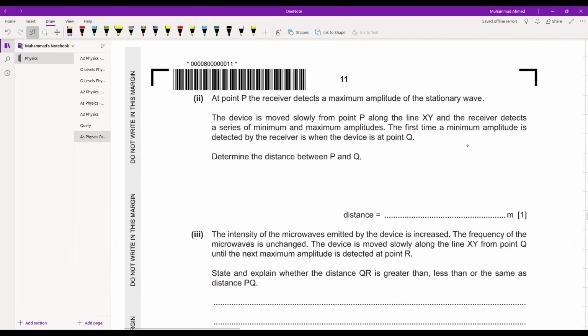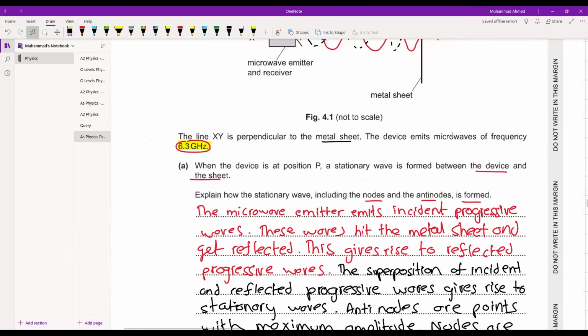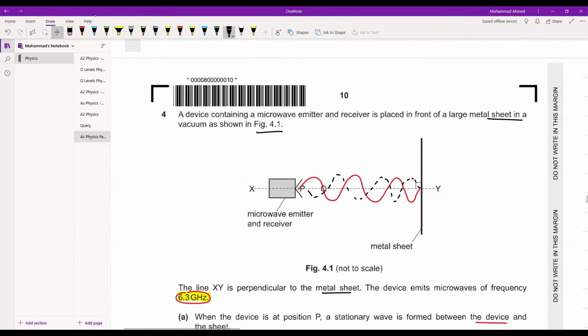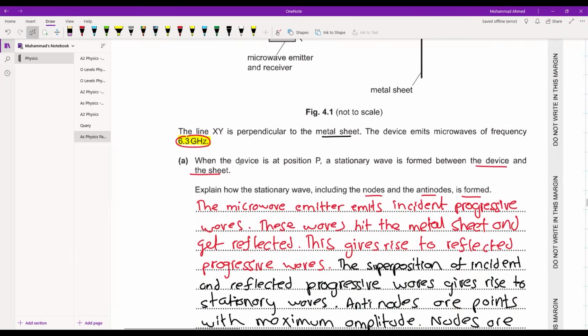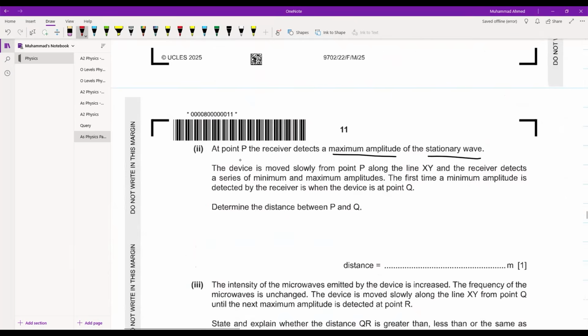At point P, the receiver detects a maximum amplitude of the stationary wave. So at point P you have an antinode, represented with A. The device moves slowly from point P along the line XY, and the receiver detects a series of minimum and maximum amplitudes.